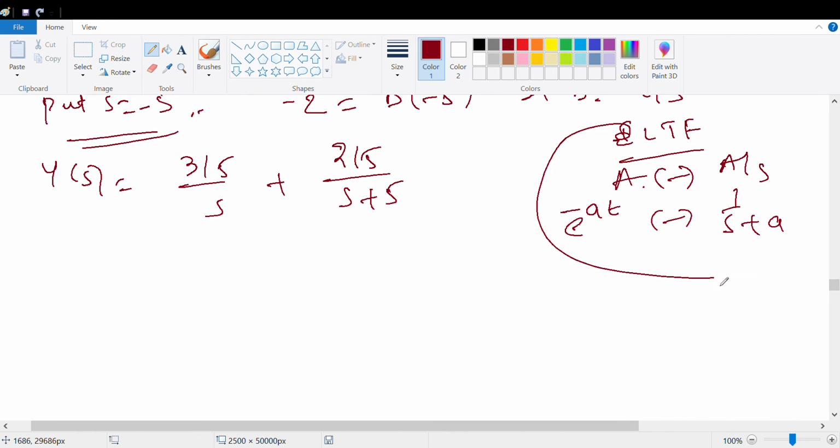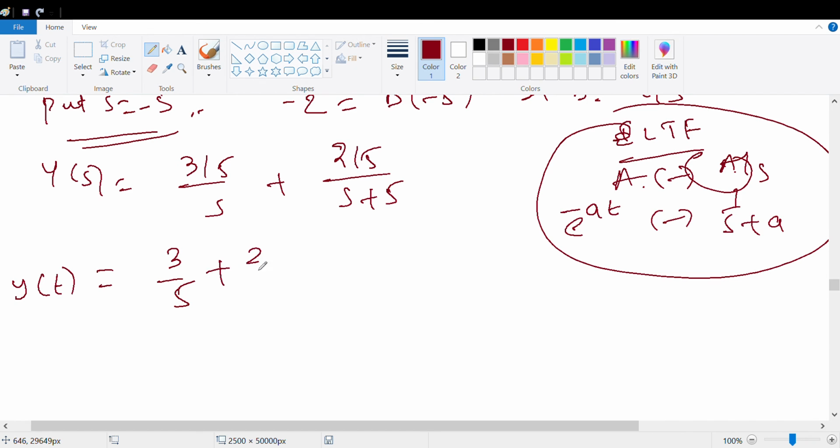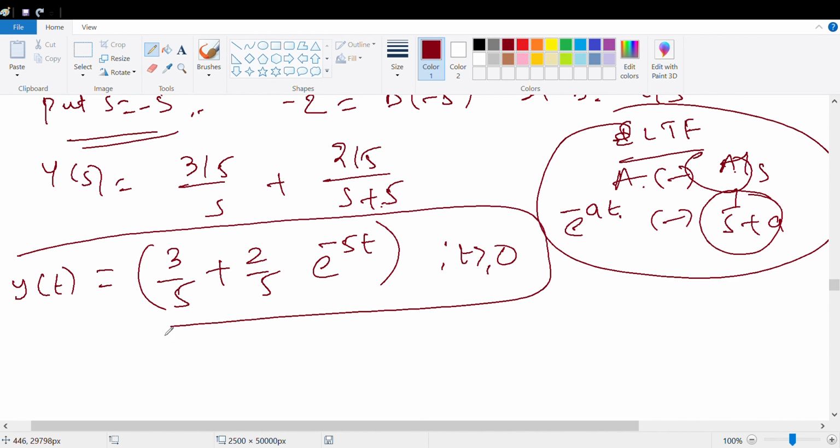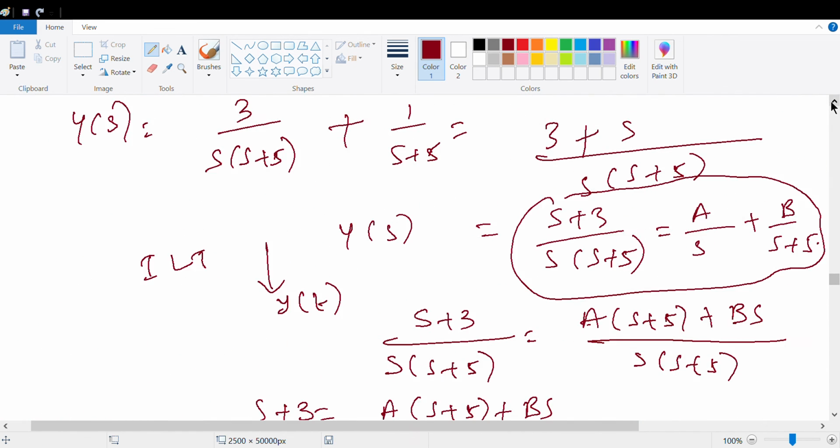Therefore, for 1 by s, with A equal to 3 by 5, it is 3 by 5 here, and y of t equals that plus 2 by 5 times, for 1 by s plus a, e power minus at. In place of a we have 5, so e power minus 5t. It is for t greater than or equal to 0. This is the y of t solution. So let's see again.